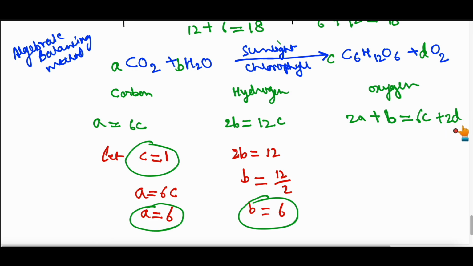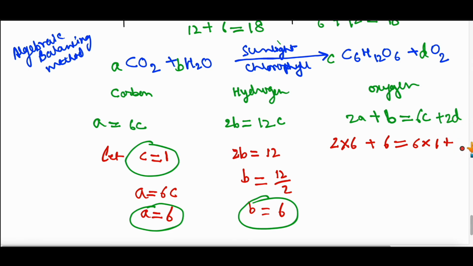Now let us take out the value of D from this equation. So here we have 2A. And we have already taken out the value of A as 6. So it will become 2 multiplied by A, which is 6, plus B. So here we have taken out the value of B as 6. So we will write B as 6 is equal to 6C. So 6 times C, and C is 1. So 6 times 1 plus 2D.